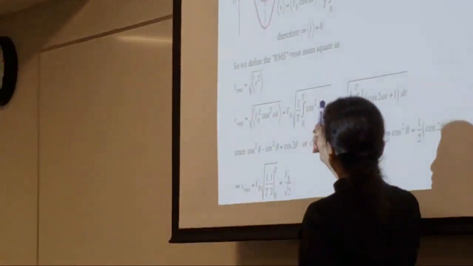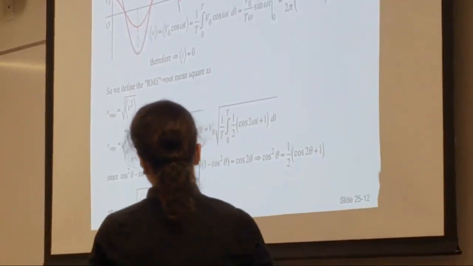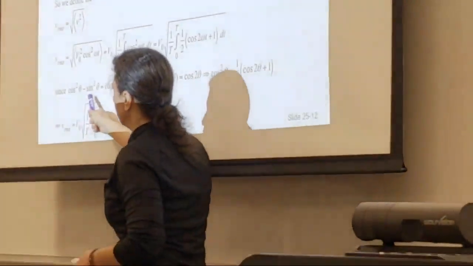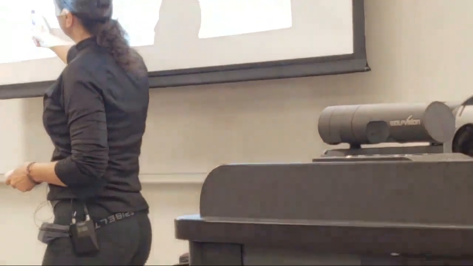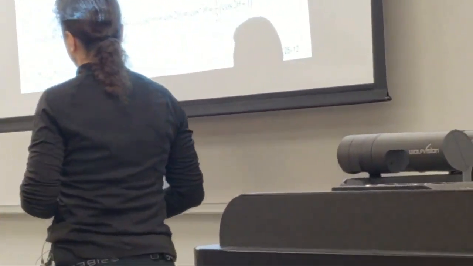It turns out that cosine squared omega t is (cosine 2 omega t plus 1) over 2. And here I put how I get it from this identity: cos squared theta minus sine squared theta equals the cosine of 2 times theta.